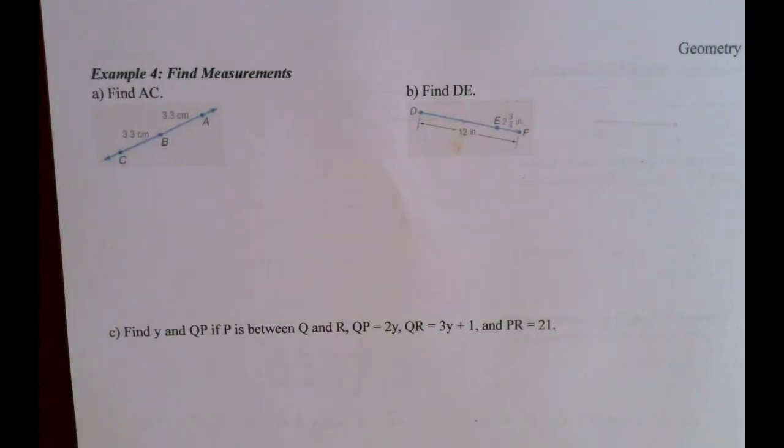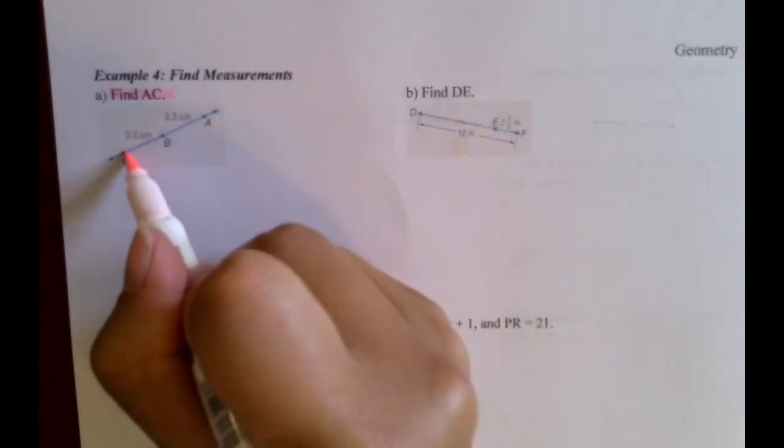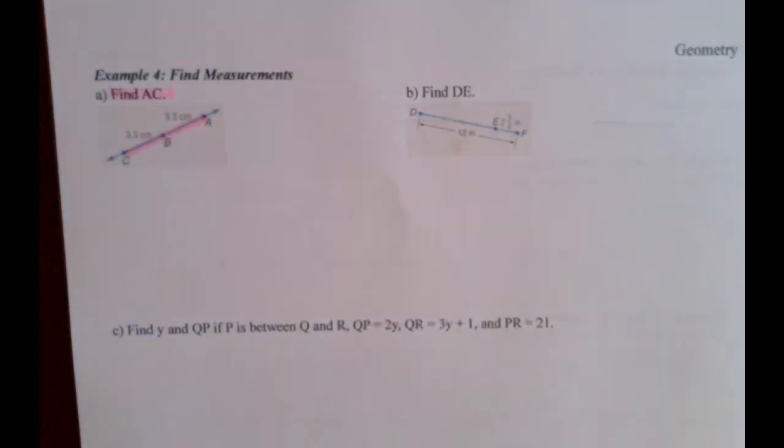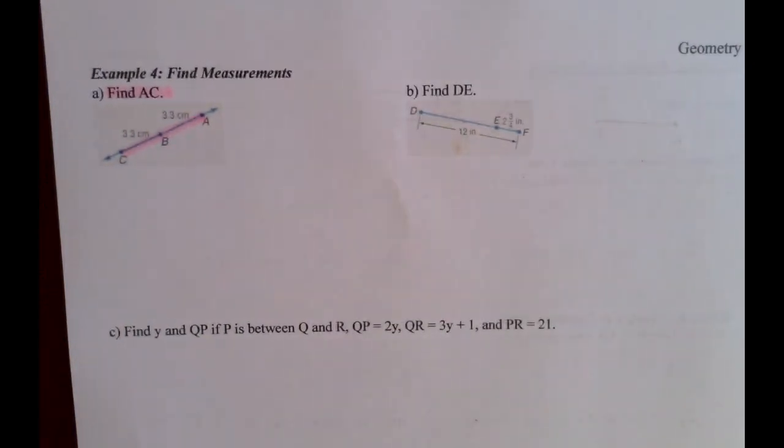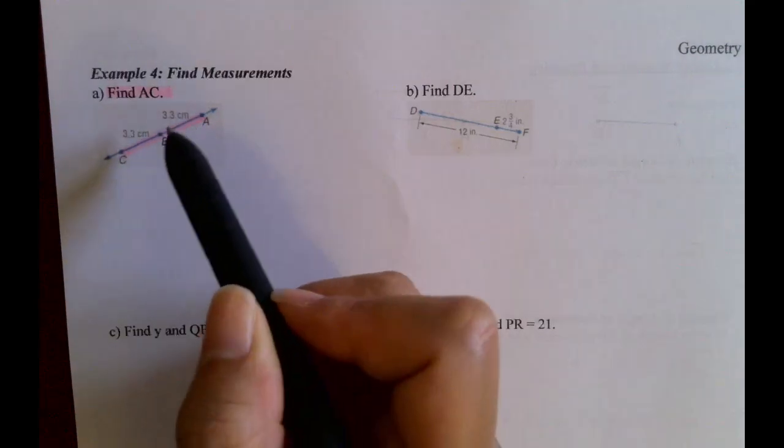Moving on to our last example. Okay, so here we want to find measurements. For A, we want to find AC. So we want to find the length from A to C. If we know that this part is 3.3 and this part is 3.3, we can add them together, right?